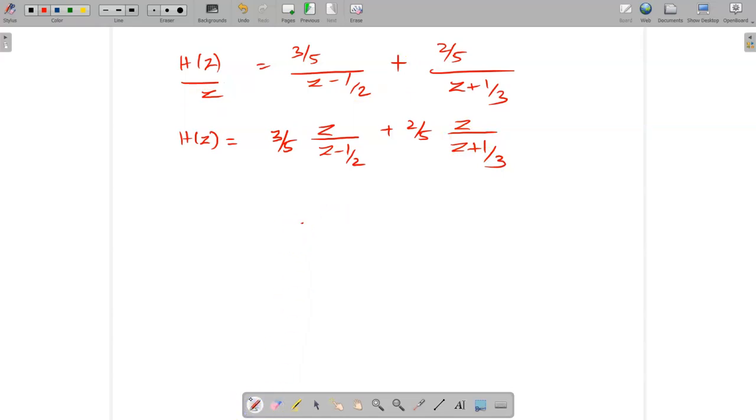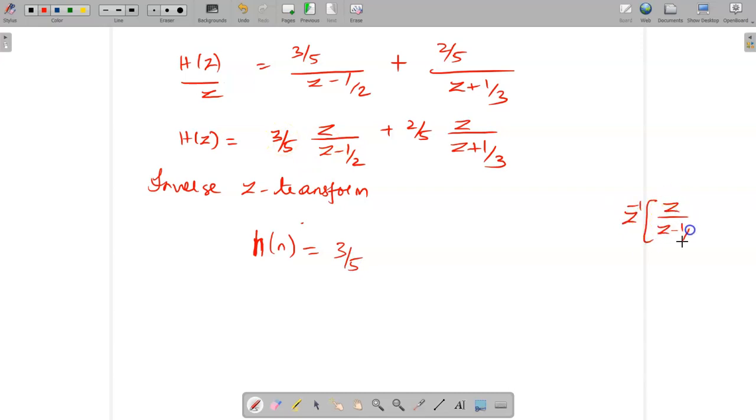So once you have done that, you can apply inverse z transform. So h of z will become h of n. Here coefficient is 3 by 5, that is constant term is 3 by 5. What is z inverse of z by z minus 1 by 2?